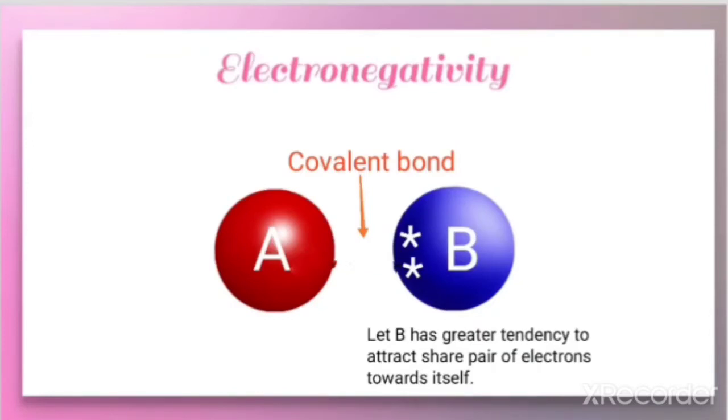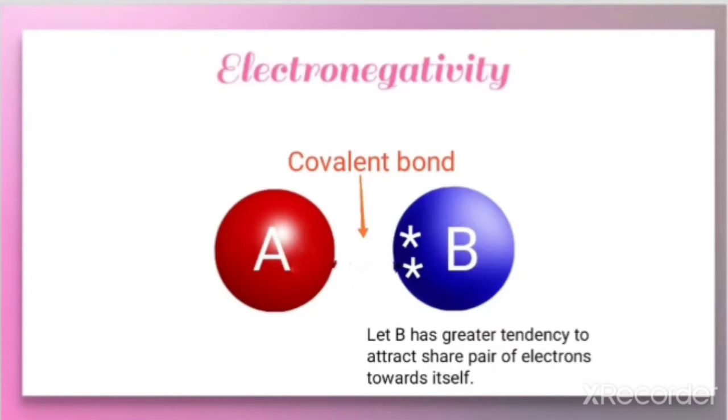So the electrons will be quite closer to B compared to A, because B has a greater tendency to attract the shared pair of electrons towards itself. So the shared pair of electrons, that is the electrons which are shared between A and B, because of the tendency of B to attract them towards itself, will remain quite closer to B.